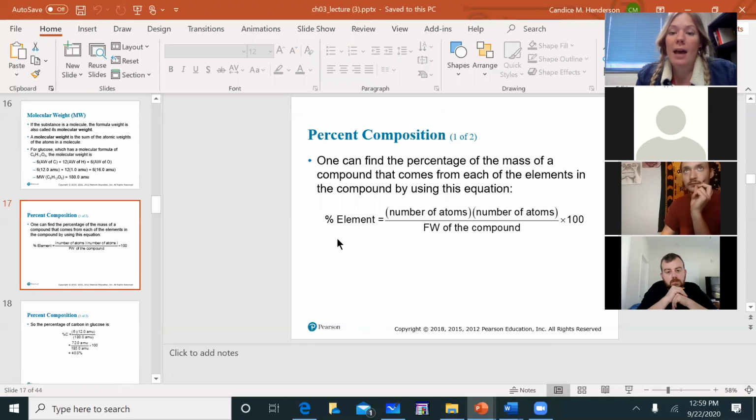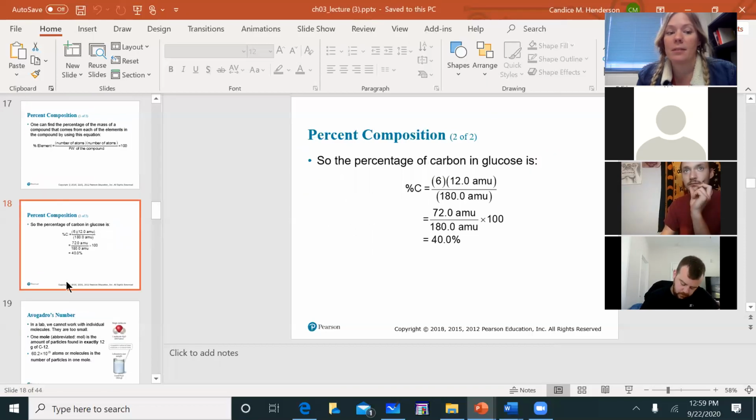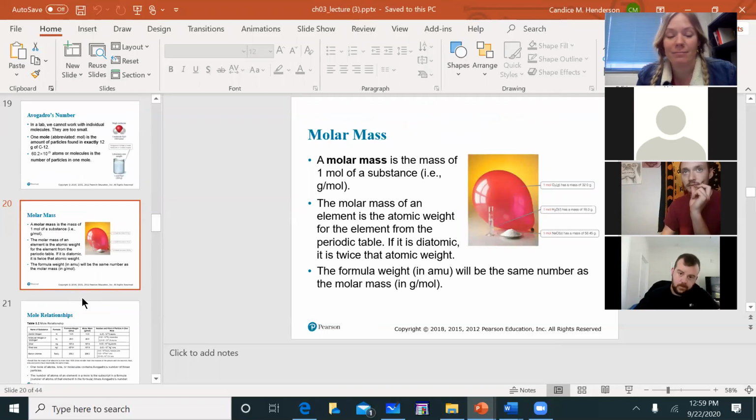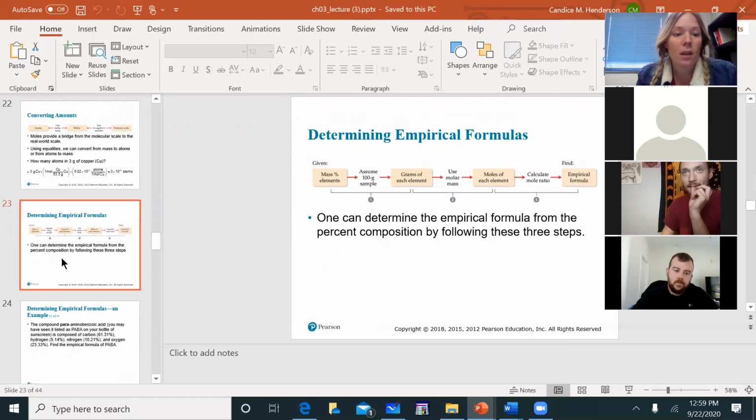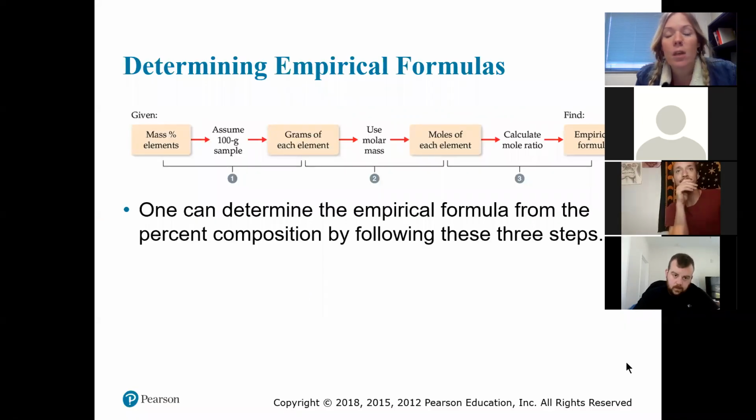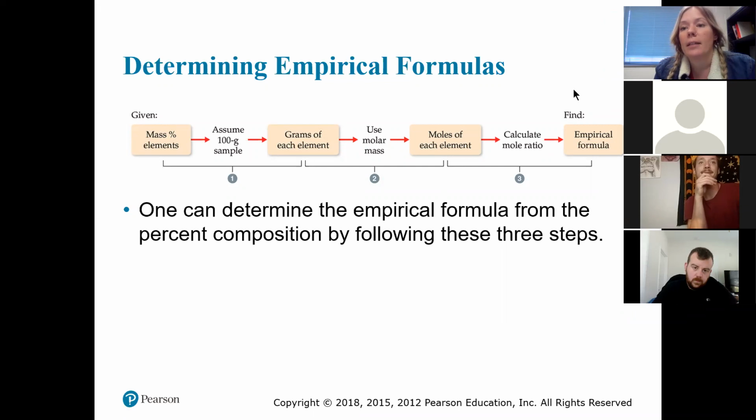What we're going to do now is I'm going to give you the mass percents, and I want you to figure out the compound. It takes a couple more steps than just dividing by the total and multiplying by 100. So specifically, the flow chart is going to look like this.